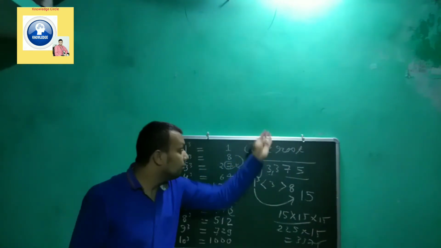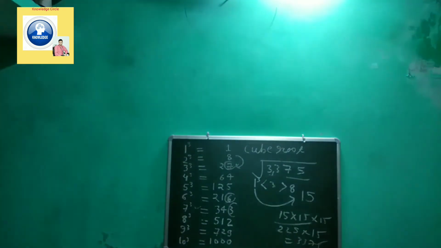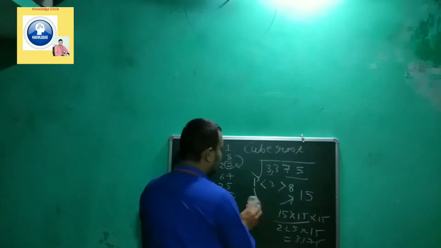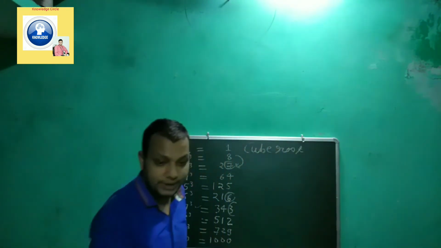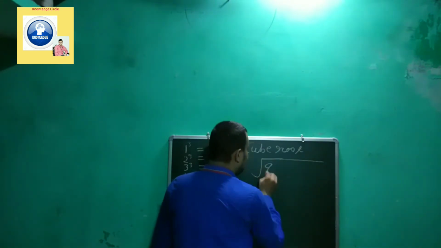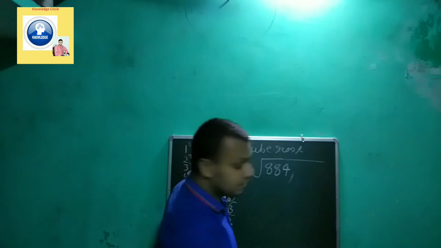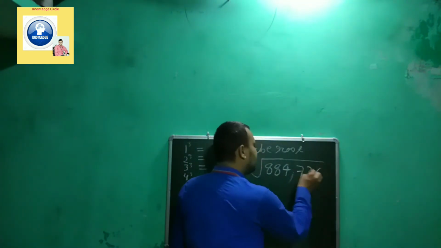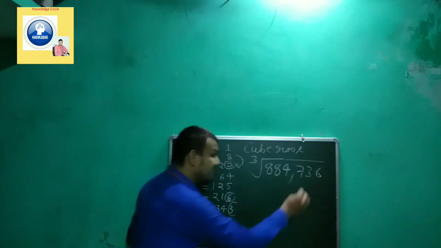This trick is very easy and it is going to be very useful for you all. Let's clear it with more examples. Let's take 884,736. You can take any example and verify your answer.